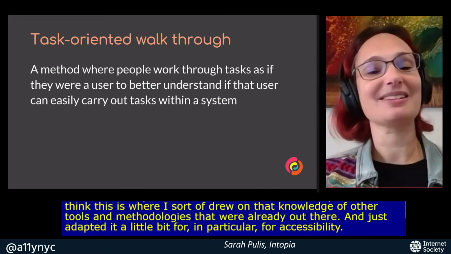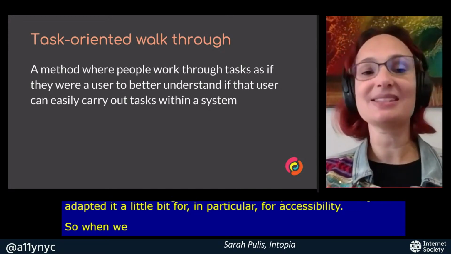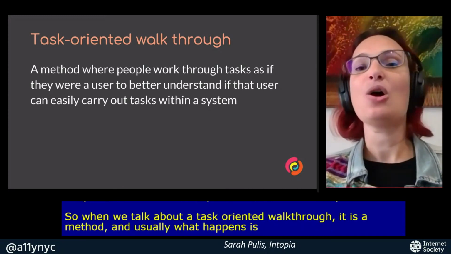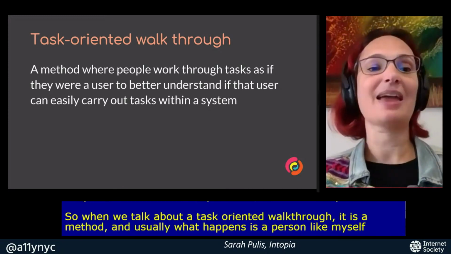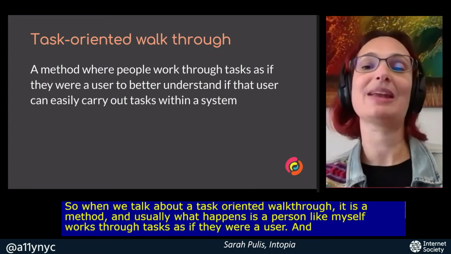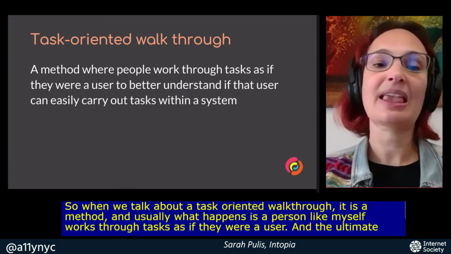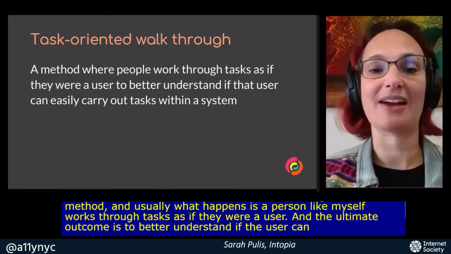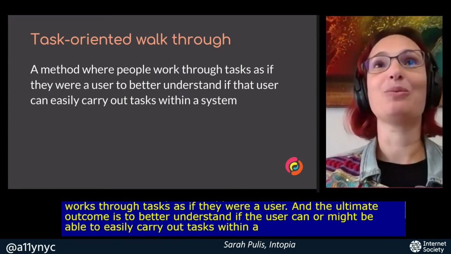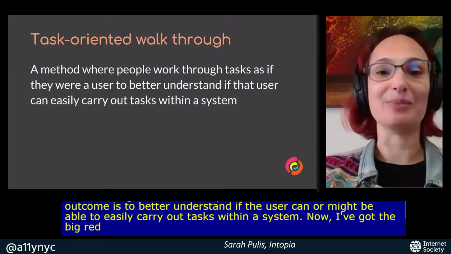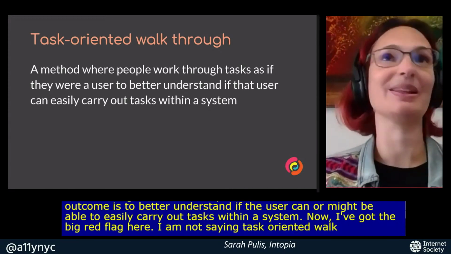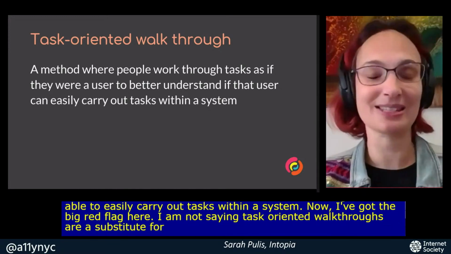So when we talk about a task-oriented walkthrough, it is a method, and usually what happens is a person like myself works through tasks as if they were a user. And the ultimate outcome is to better understand if the user can or might be able to easily carry out tasks within a system. Now, I've got the big red flag here. I am not saying task-oriented walkthroughs are a substitute for usability testing, for testing with real users.